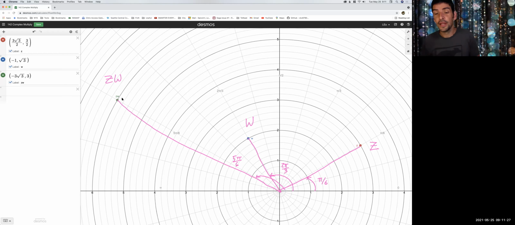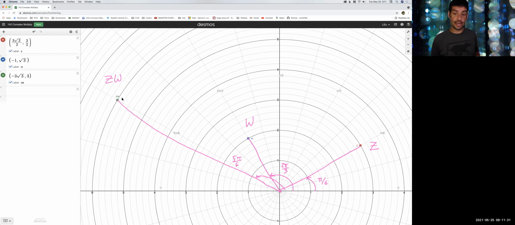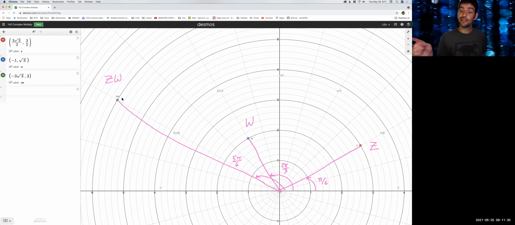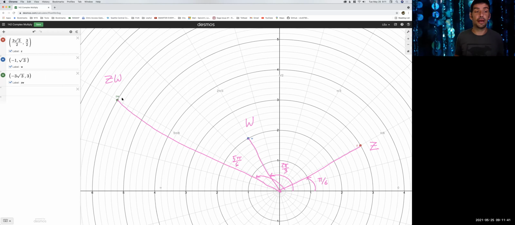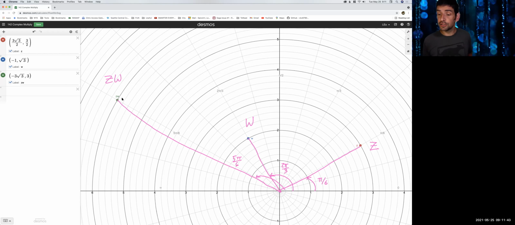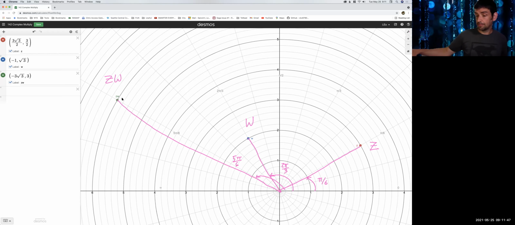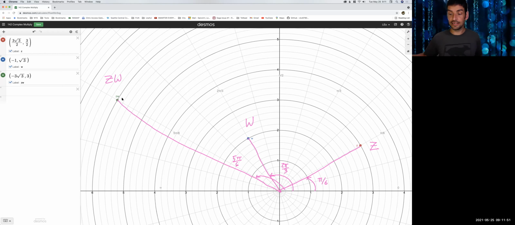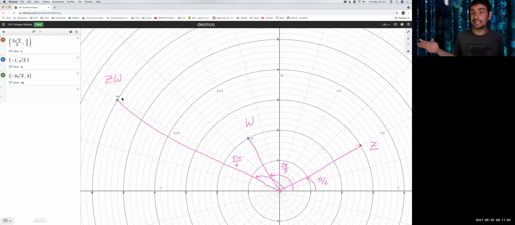If you, for instance, multiply a complex number by a complex number whose modulus is one, sitting on the unit circle, all you do is rotate it, right? All that ends up happening is you rotate it. And if you multiply it by a number whose angle is 0, a number sitting on the positive x-axis, then all you're doing is scaling it, right?